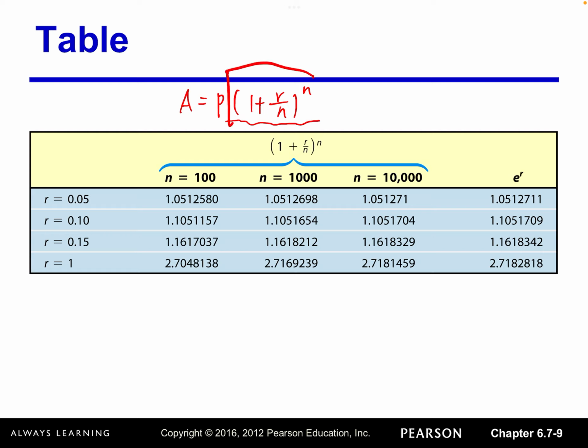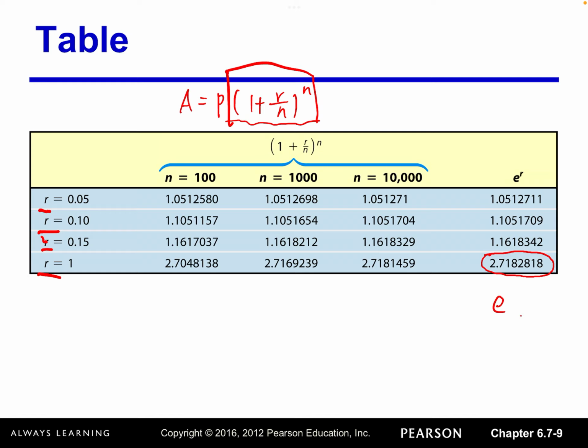As the frequency of interest compounding N increases to a really large number, this part becomes e to the R power, very close to the natural e. So that's how we derive another formula.